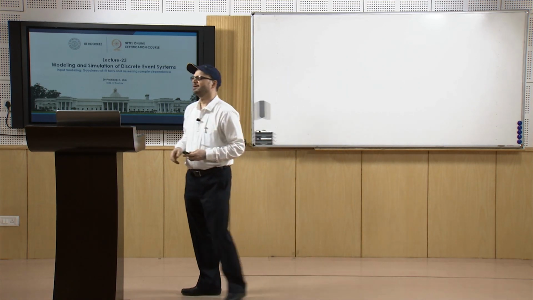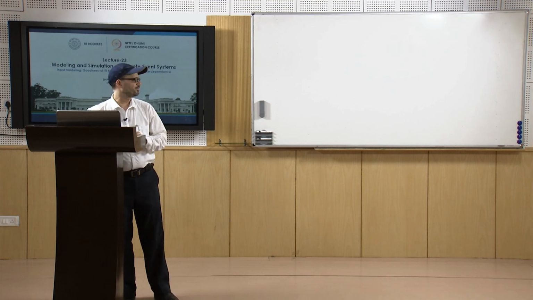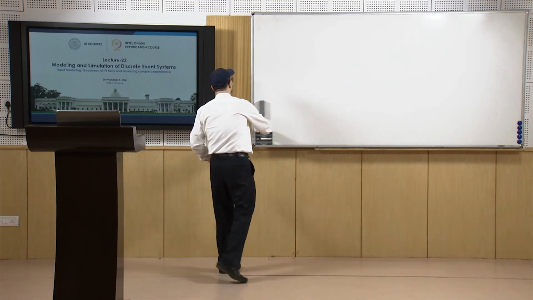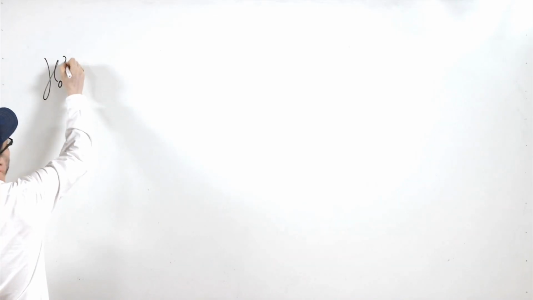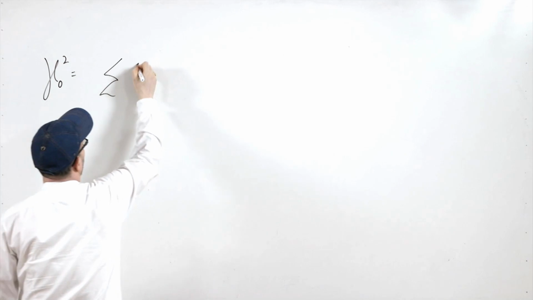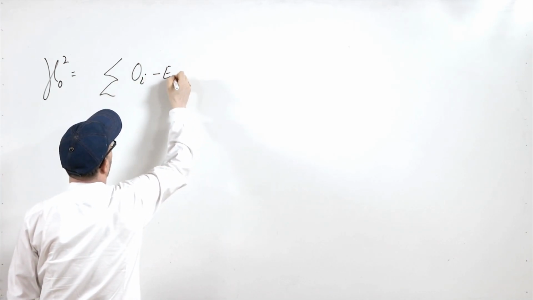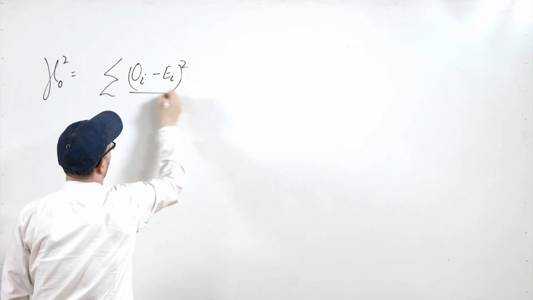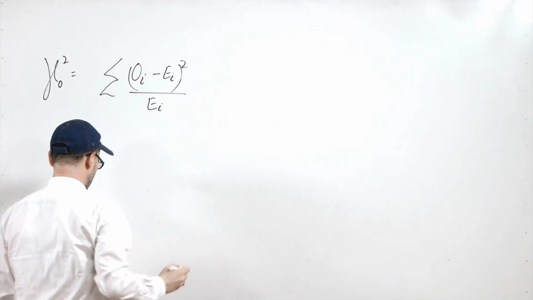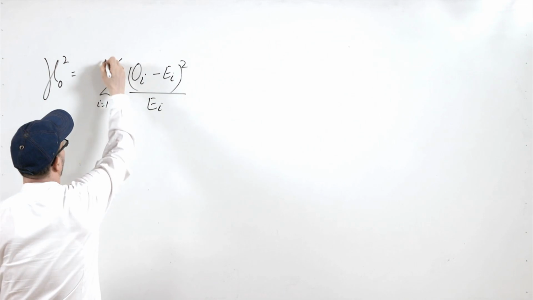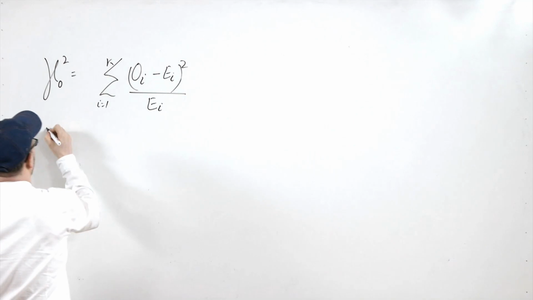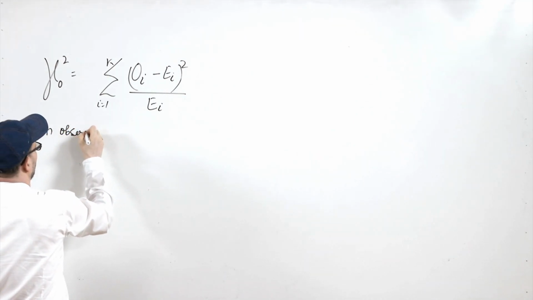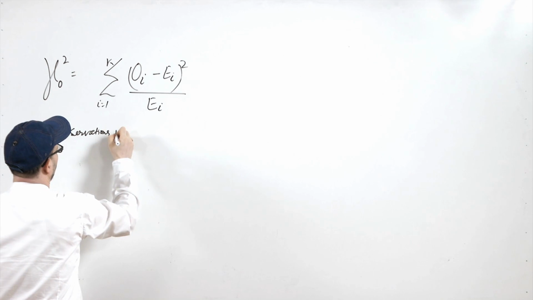So we get the parameter values first, and the statistic is the summation of (Oi minus Ei) squared divided by Ei, from i equal to 1 to k. So you have n observations in k class intervals.